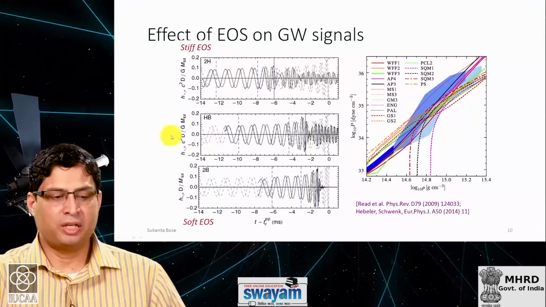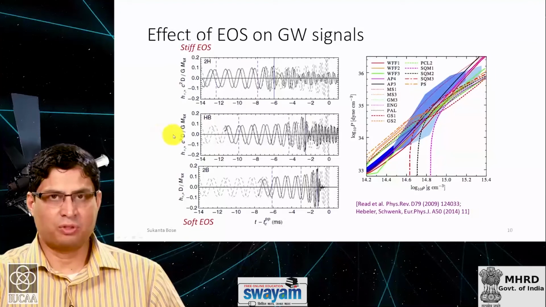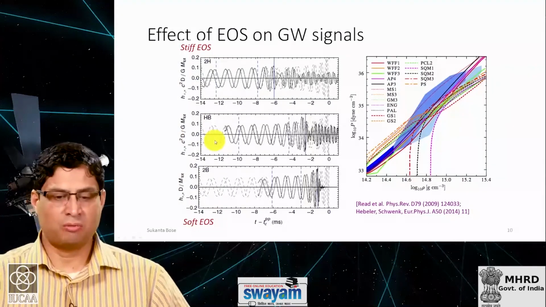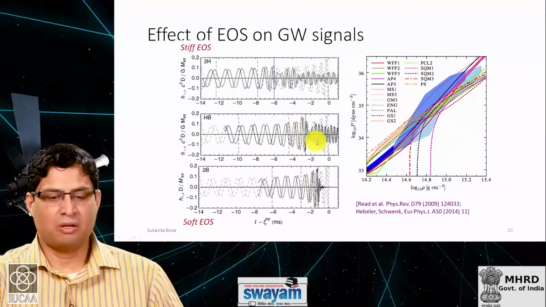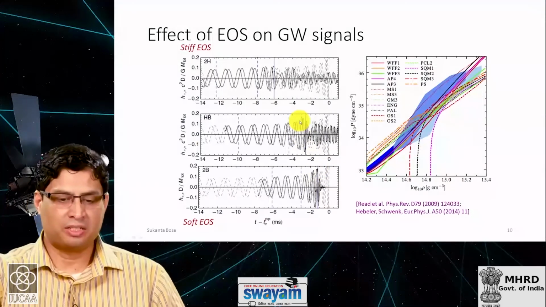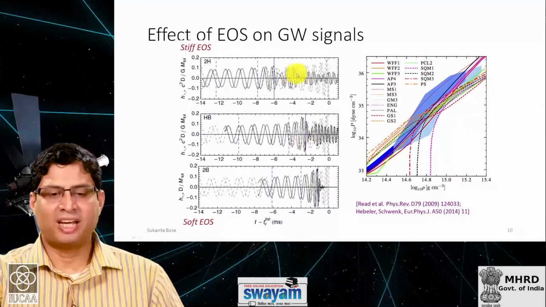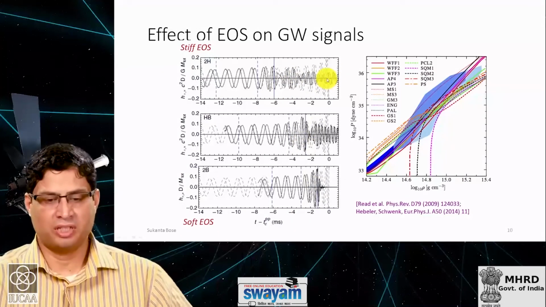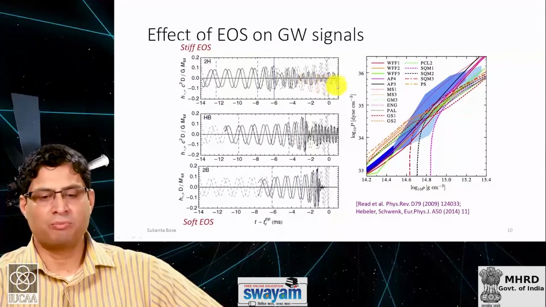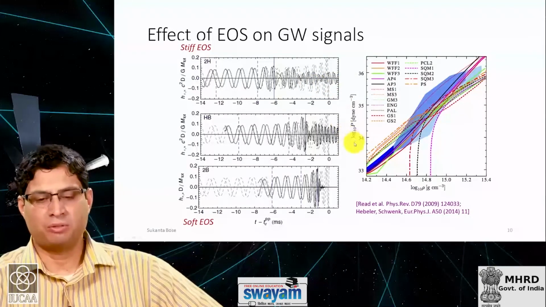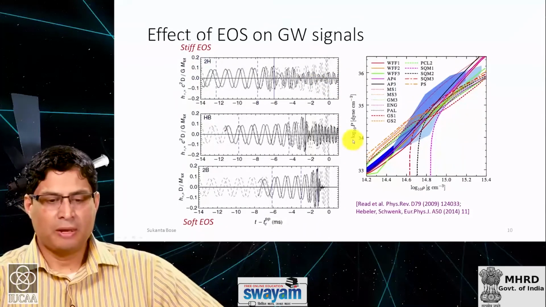As you make the equation of state more stiff, so more pressure, and therefore the neutron stars are more extended, you notice how the peak amplitude close to merger gets muffled, and similarly this ringdown gets more extended into some post-merger oscillations of a remnant neutron star before it presumably collapses to a final black hole.